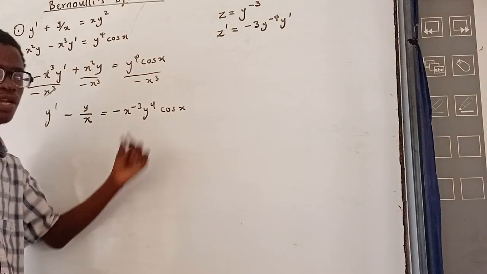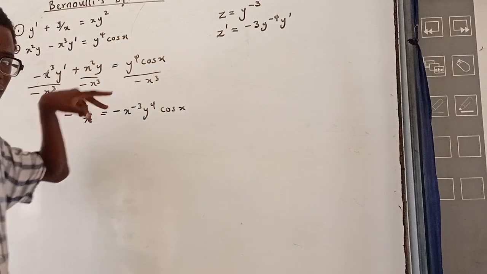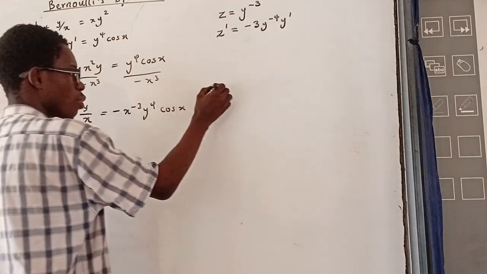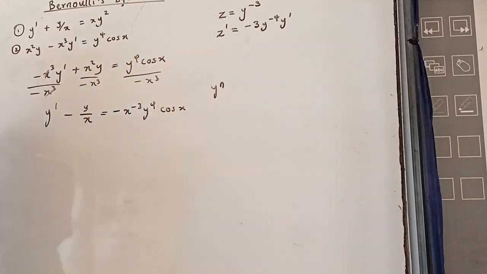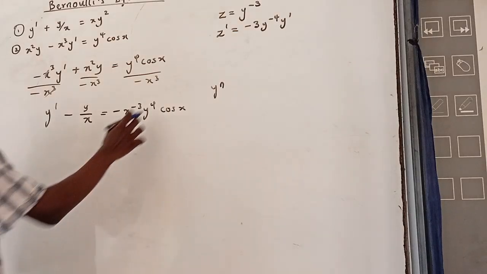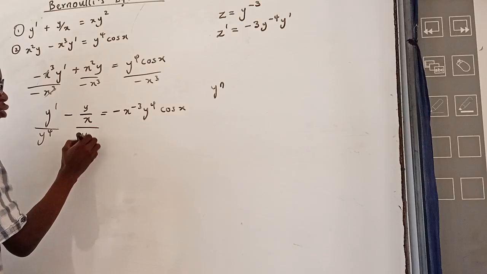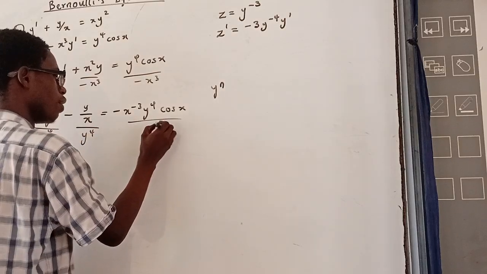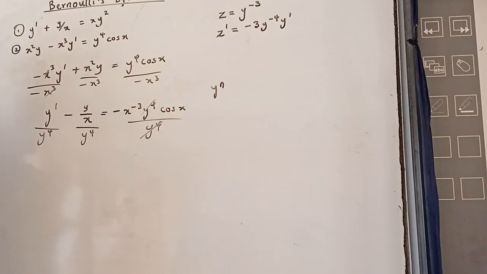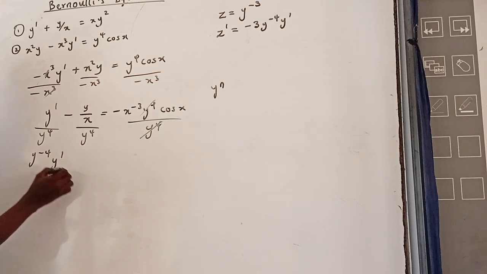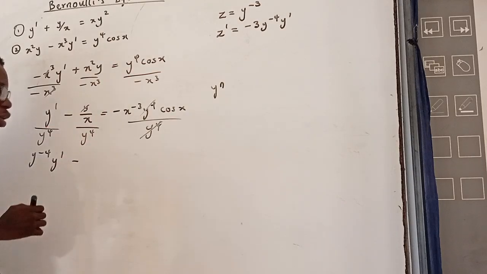So we divide through by y raised to power 4. The one that has the n, the one that has y raised to power n, we divide the whole equation through by y raised to power n, and our n is 4. So we divide it through by y raised to power 4, so that it will cancel out on this side. So it is cancelled out on this side. I can now bring this to the other side and say y minus 4 y prime minus, there's already one y here before.